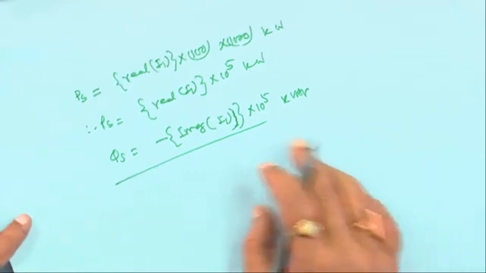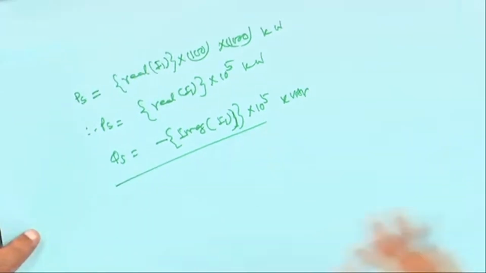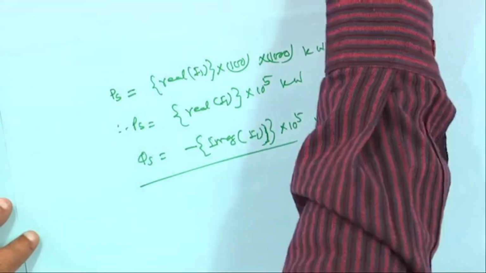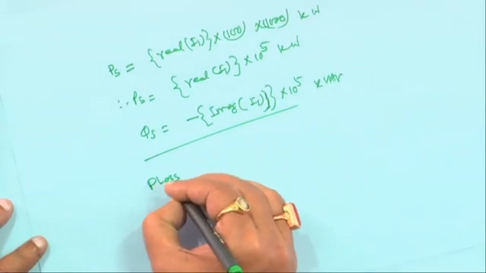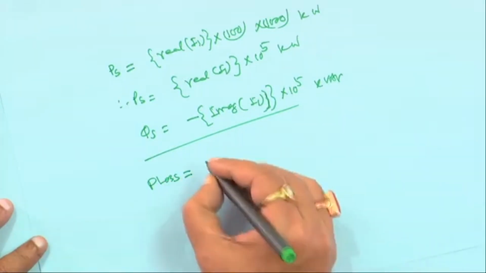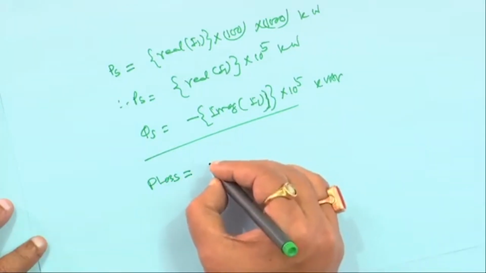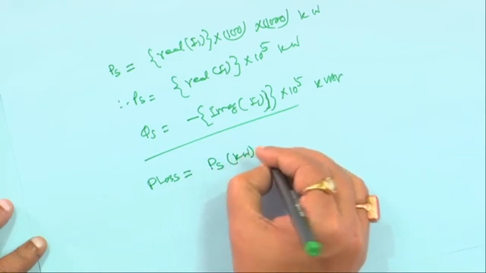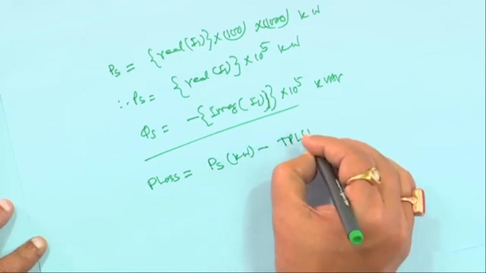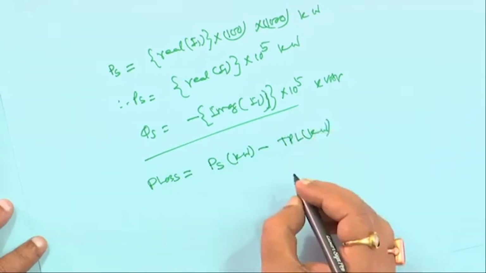So, this is one way; another way is I square R loss you can compute. That means the real power loss, P loss, is equal to PS, if it is in kilowatt, minus total load TPL, that is also in kilowatt, that will be PS loss, right.